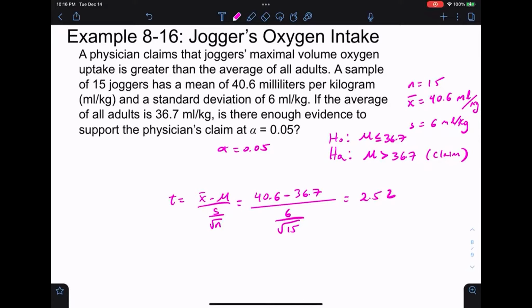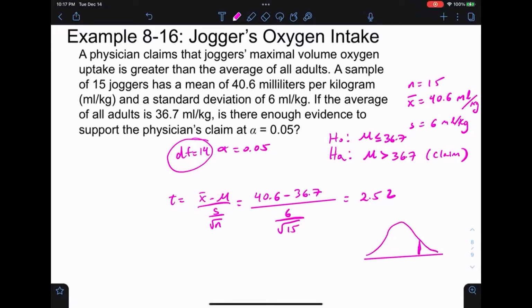And that's the t-test, and we need to check with the significance level, so 0.05. The degrees of freedom is n minus 1, so that's 14. Okay, let's check on that. This is a right-tail test because we're looking for if it's greater.